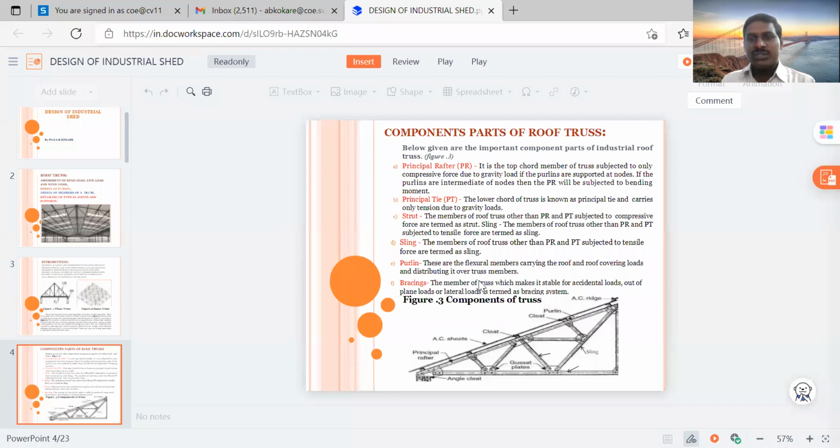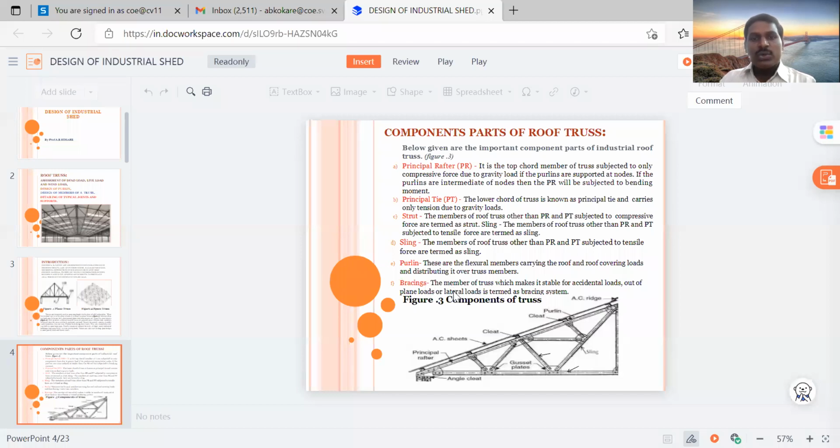It means transferring it to the principal rafter, and again the principal rafter is transferring the load to the other members.